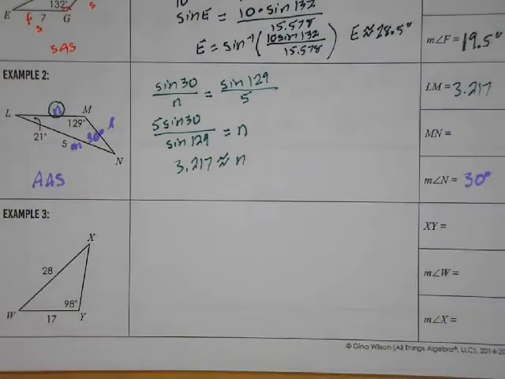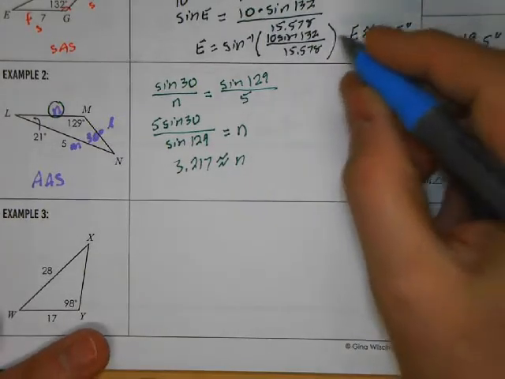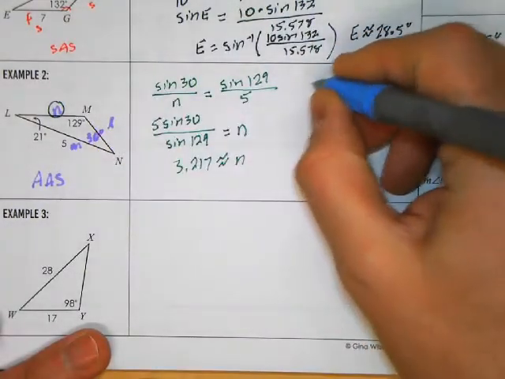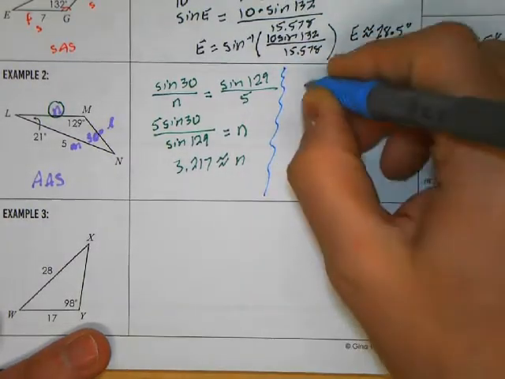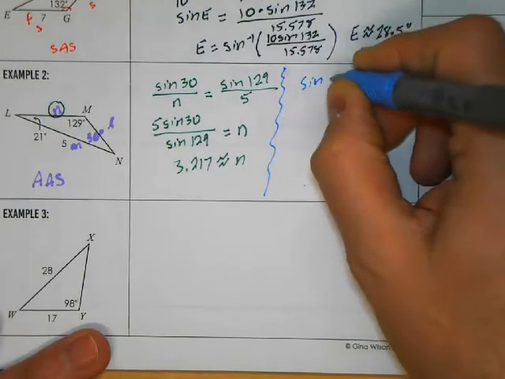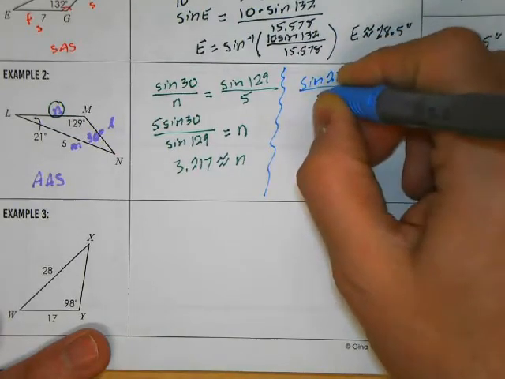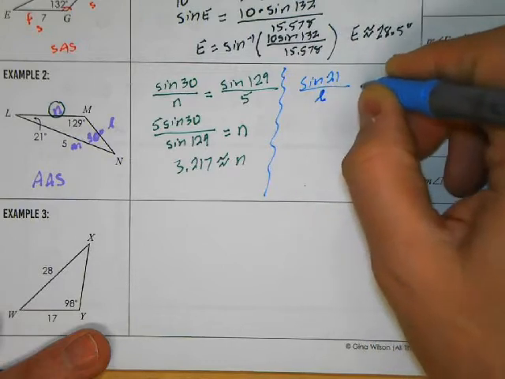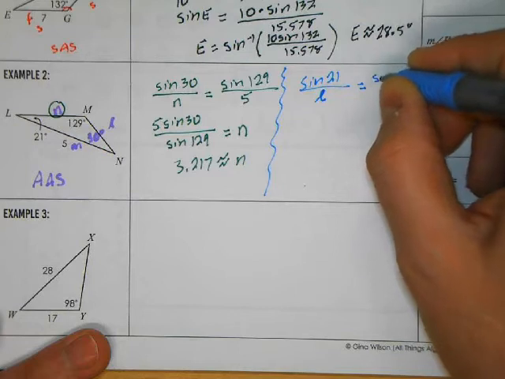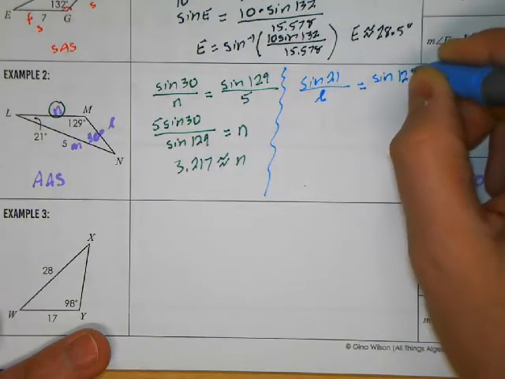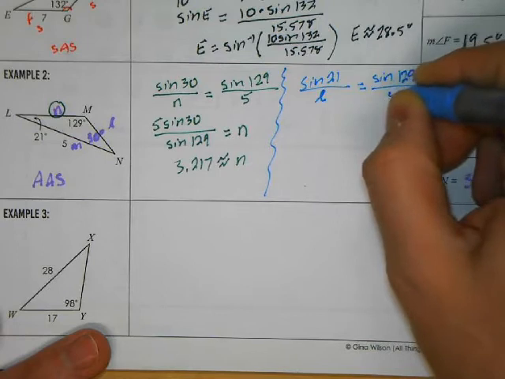Now we want to find the third side. Remember, this is not a right triangle, so we cannot use the Pythagorean theorem, but I can use the law of sines one more time to find side L. So I have the sine of the 21 degree angle over side L equal to the same ratio, sine of 129 over 5.